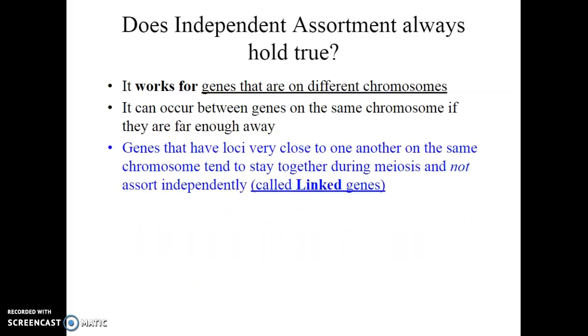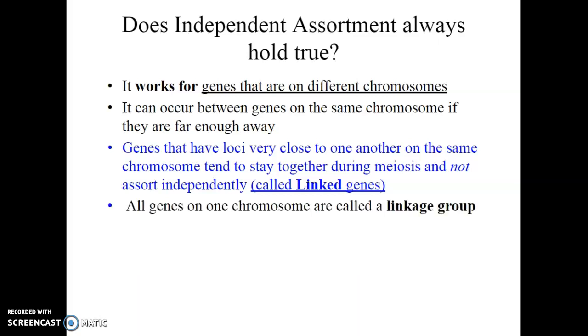So genes that have locations, loci, very close to one another on the same chromosome tend to stay together and not independently assort. And again, those are called linked genes. All the genes on one chromosome are called a linkage group because they have potential to be linked.